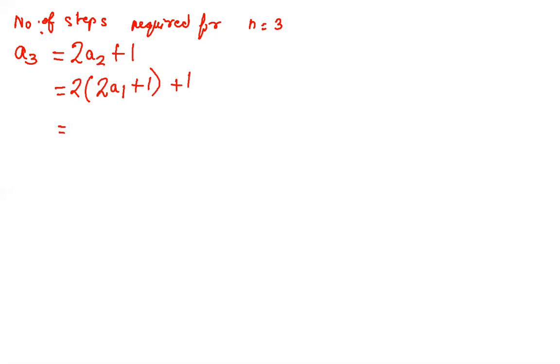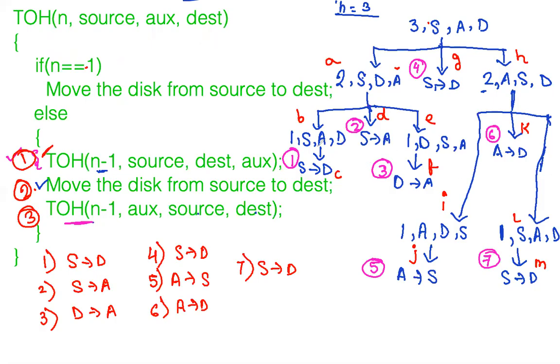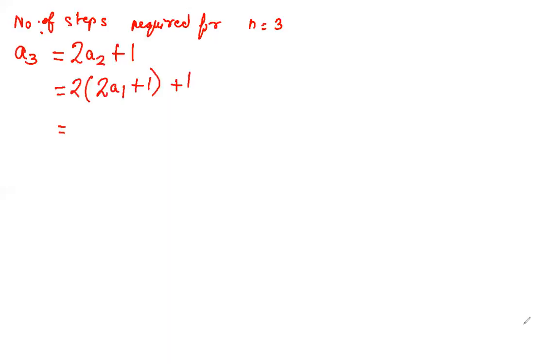Now, if we just look at A1, it's a problem of size 1, that means it's a constant time, so that means it will be 1, because that's a constant movement from the source to the destination. So this is equals to 2 into 3 plus 1 equals to 7.